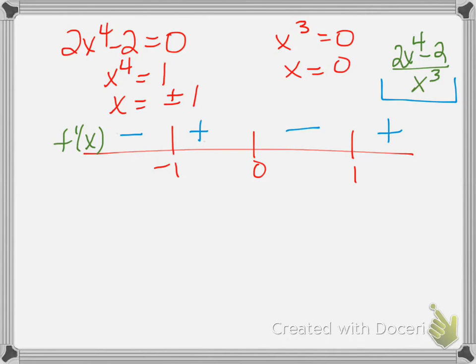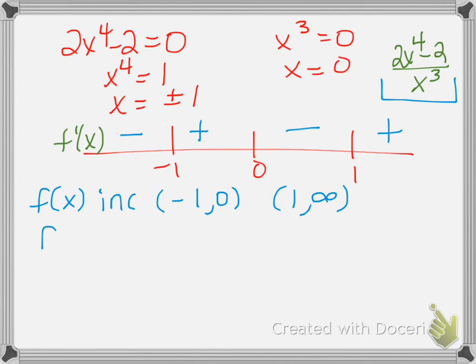Alright, so here's what we know. Now that we finally got our chart to look the way that it should, we know that f of x is increasing from -1 to 0 and 1 to infinity. We also know that f of x is decreasing from -infinity to -1 and 0 to 1.